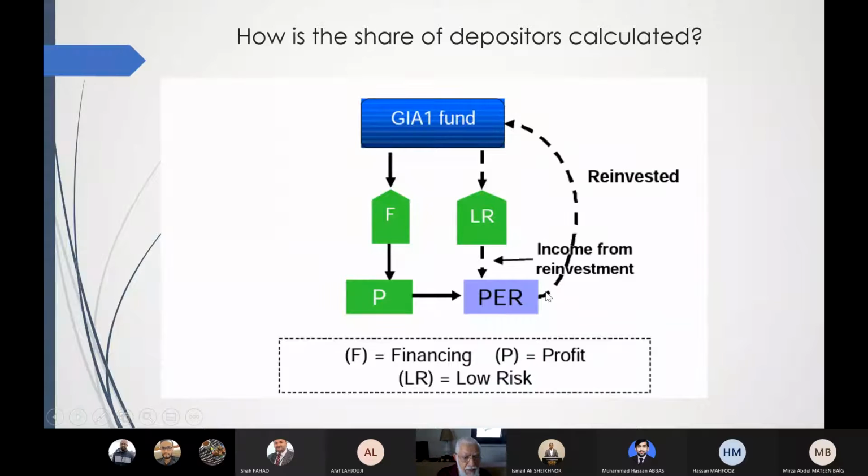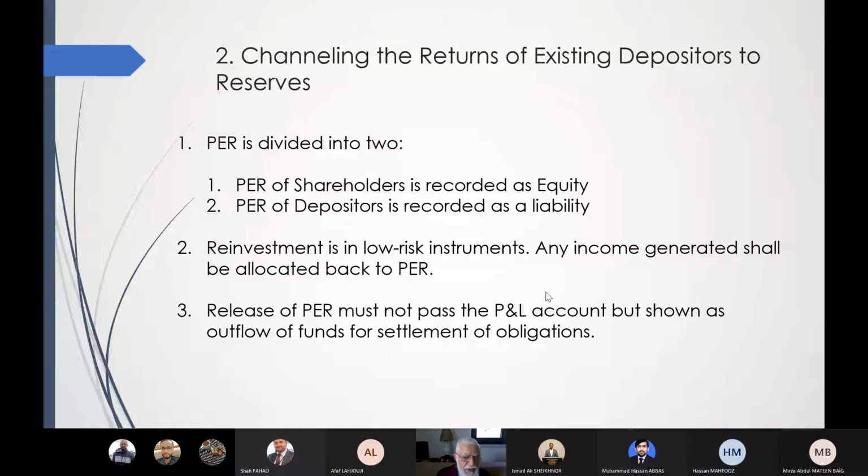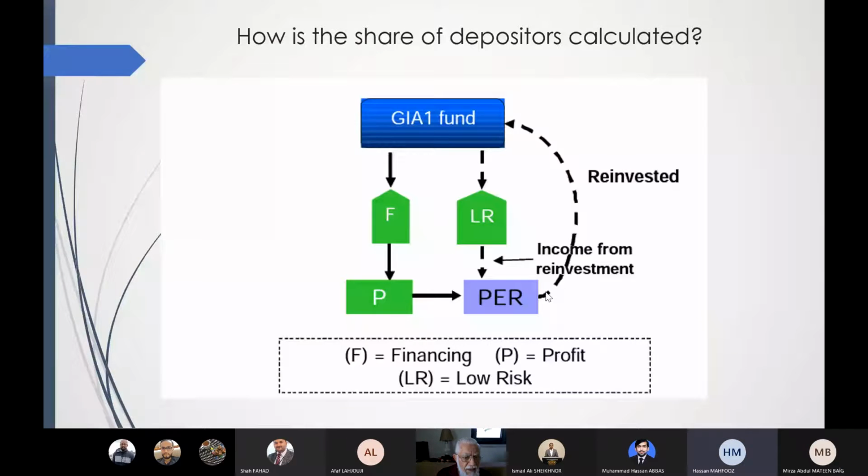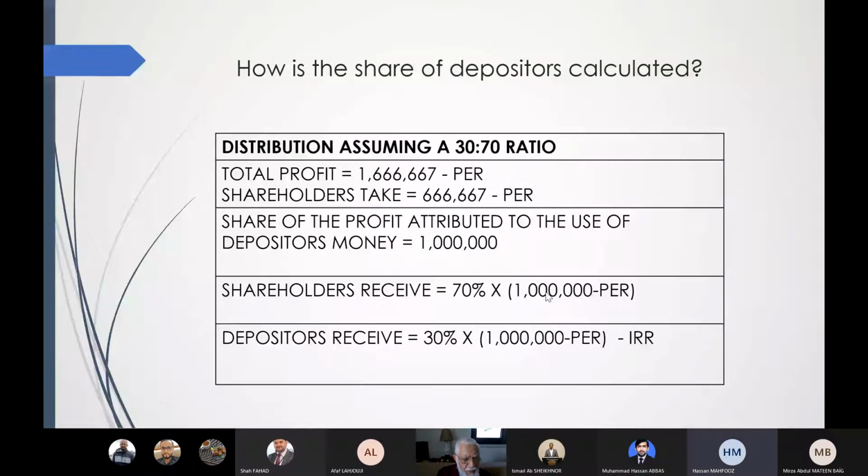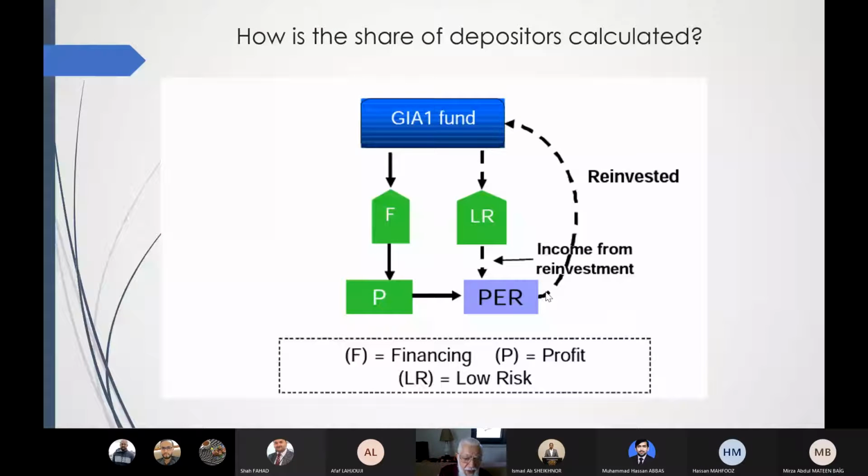Okay. Now, what is this GIA one? It's general investment account. General investment account means what? Deposits? Yes, it's a mudaraba, basically the 1 million we were discussing here. So general mudaraba, in contrast with specific mudaraba. I mean, deposit then.